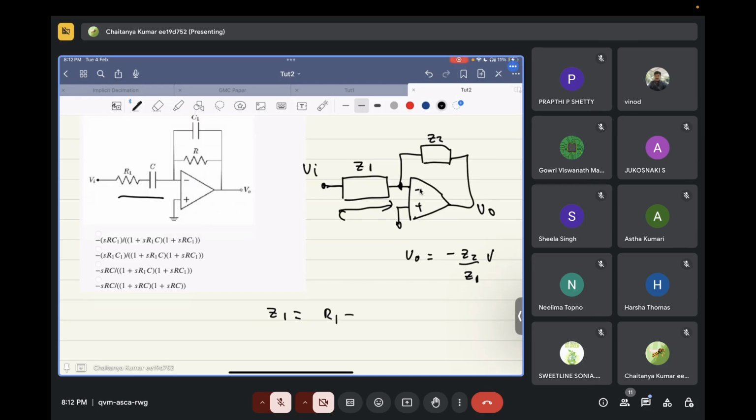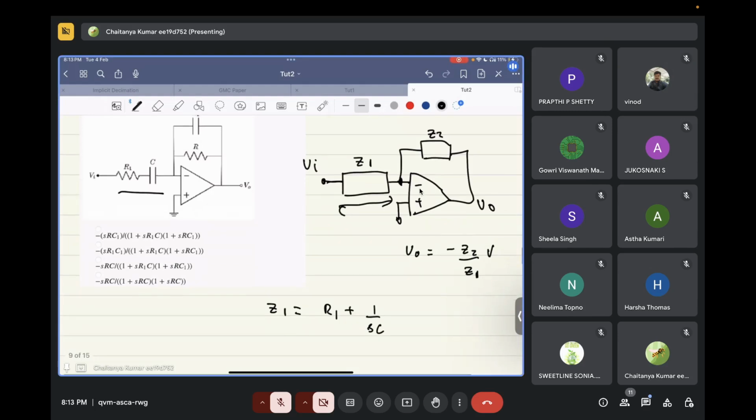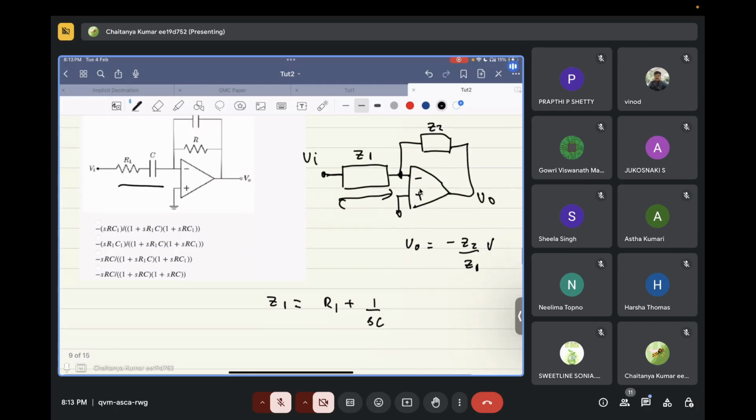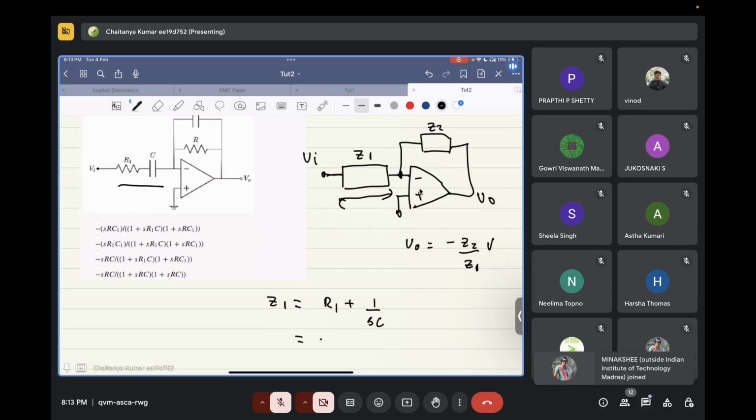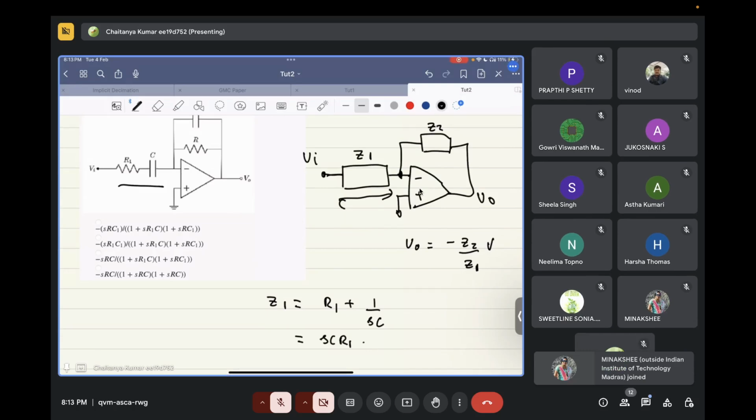So R1 plus 1 divided by j omega C, or 1 by SC. Let's do it in terms of Laplace for now, and later we can substitute j omega. So this is basically (SCR1 plus 1) divided by SC.